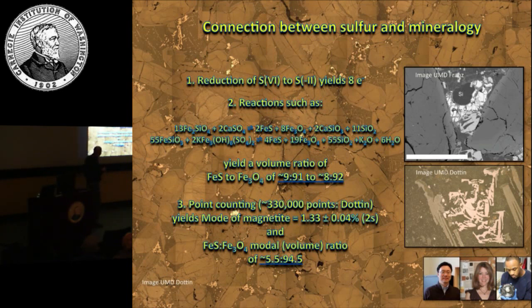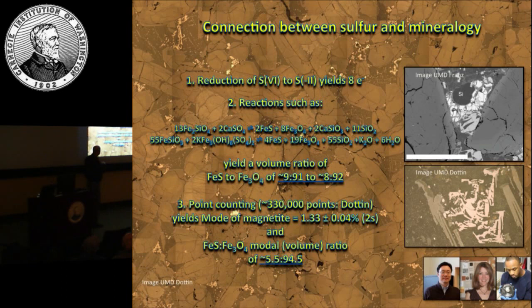As a way to test this, and these are preliminary results, James Doughton laid grids over a series of these and counted the intersections with magnetite and pyroxene. He didn't count 330,000 points.